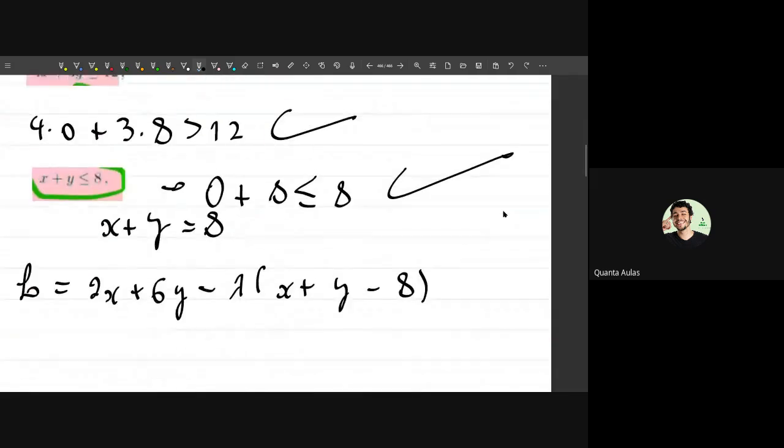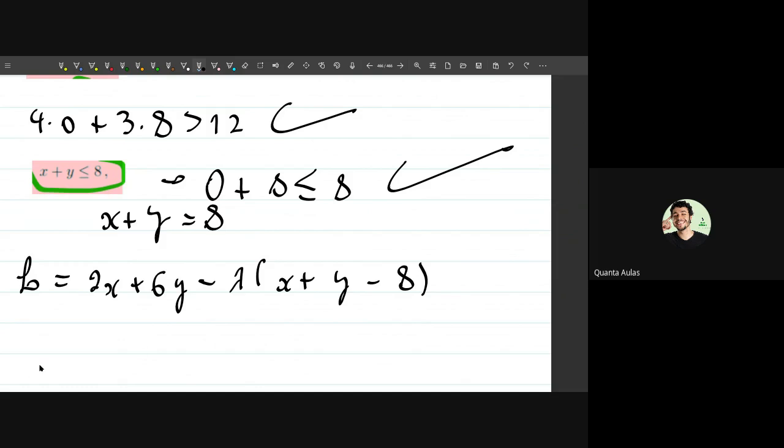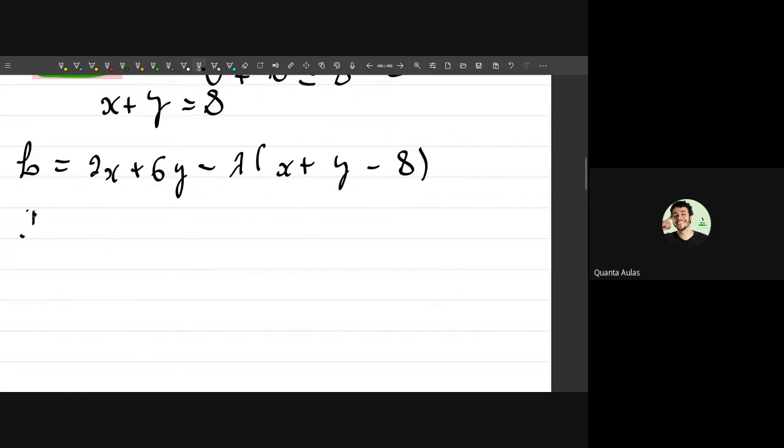So we have this restriction now. It is an easier restriction for us. And now, to work this problem with Lagrangians, like I suppose your teacher can ask of you, we need to do the partial derivatives, right?